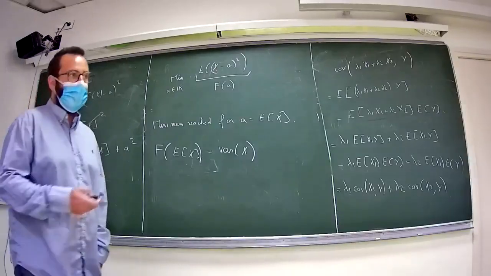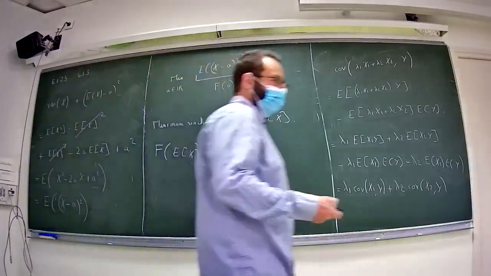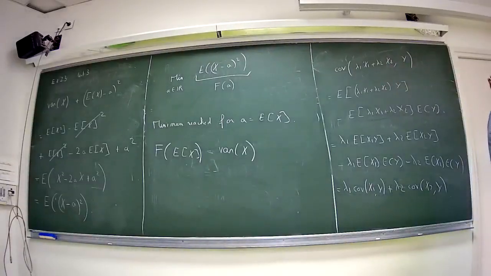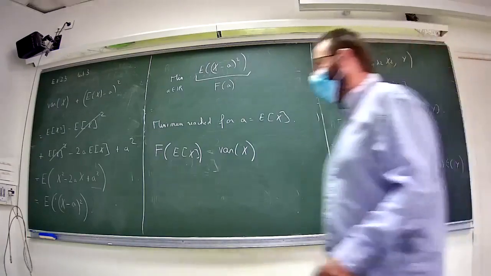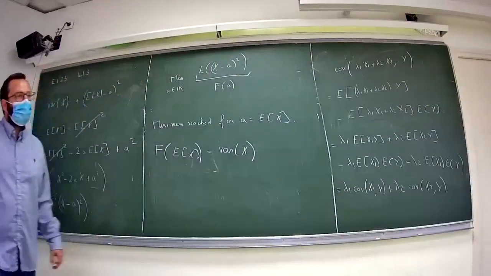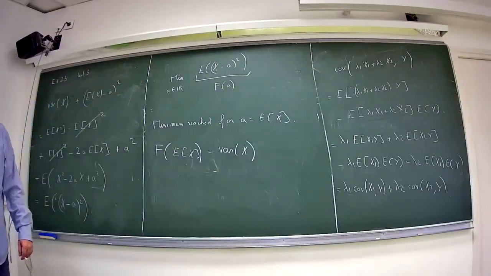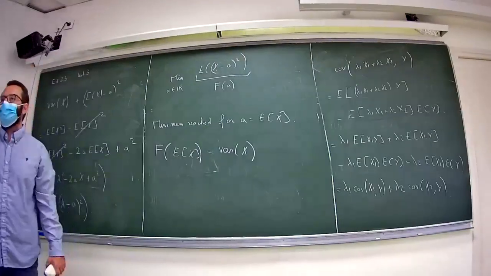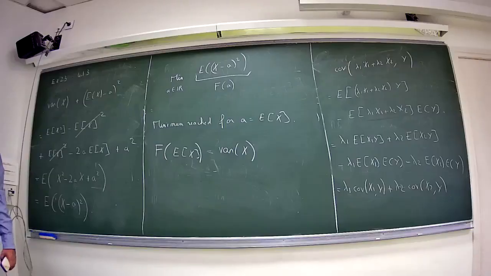For the variance, I have this one: the variance of ax plus by is a square variance of x plus b square variance of y plus 2 times ab covariance between x and y. So I prove this in 2 lines. It's just computation, not complicated. Questions? So bilinearity means linear in each component. Okay?